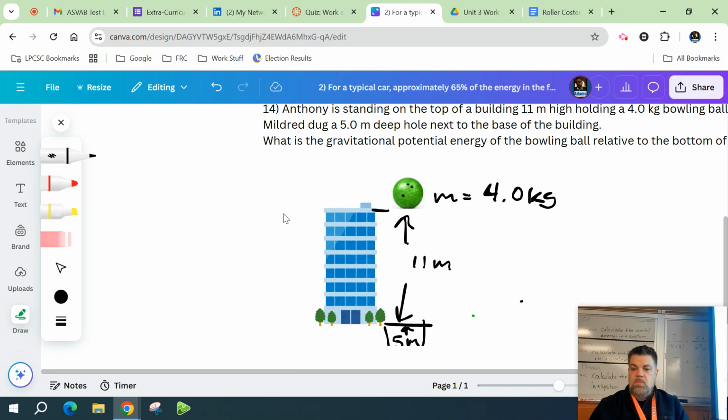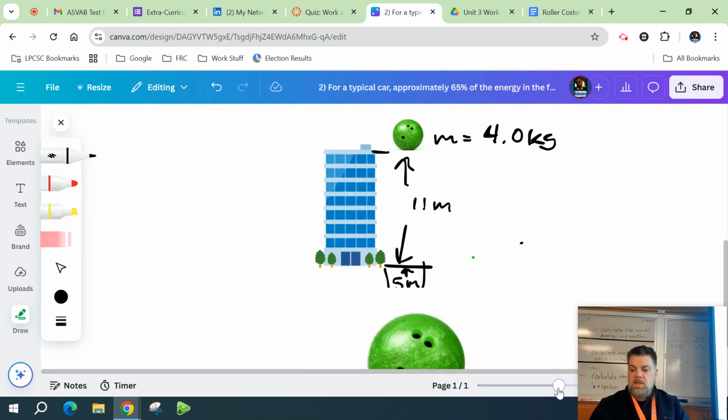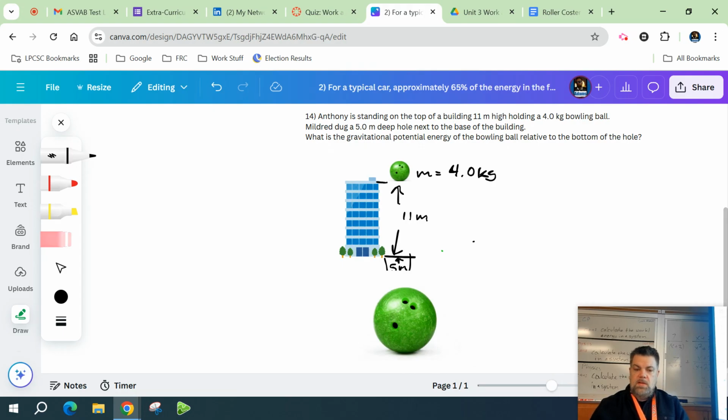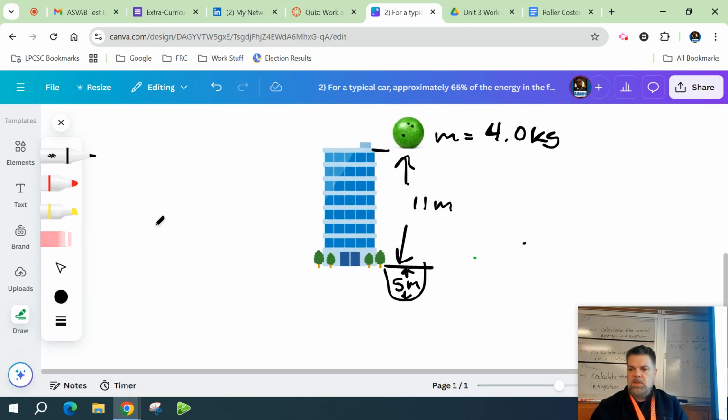So then what is the gravitational potential energy? Well, the first thing that we need to do is get rid of this bowling ball. Well, remember that the gravitational potential energy has a formula.